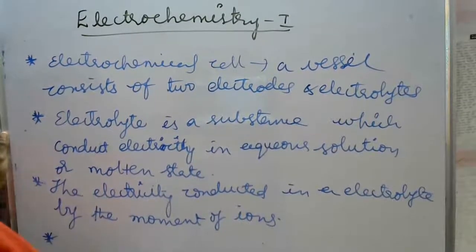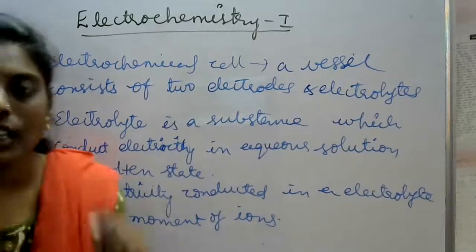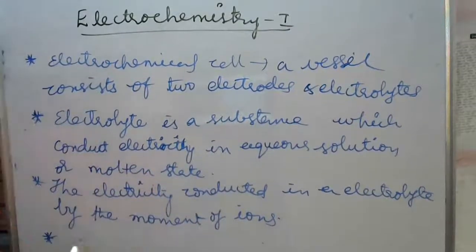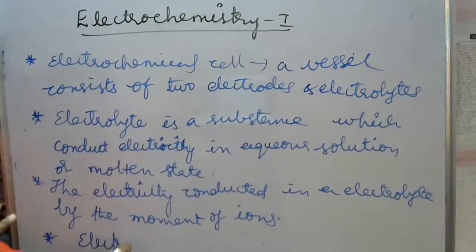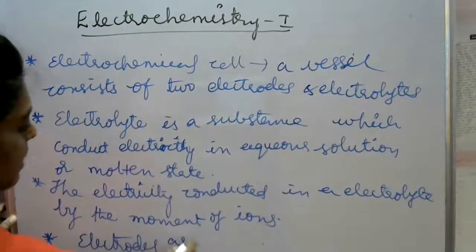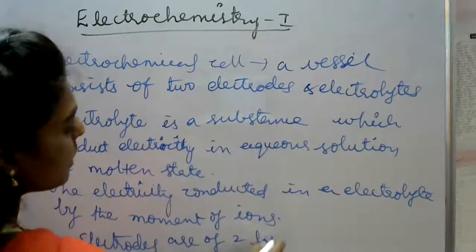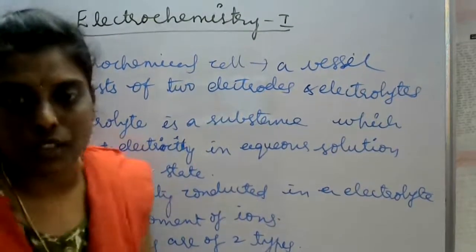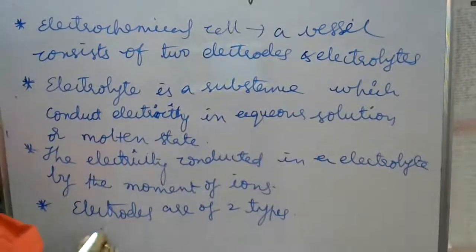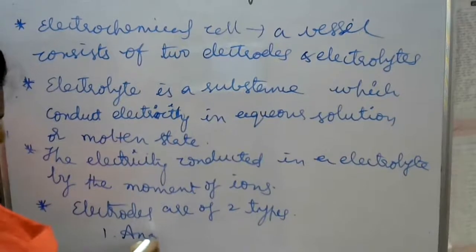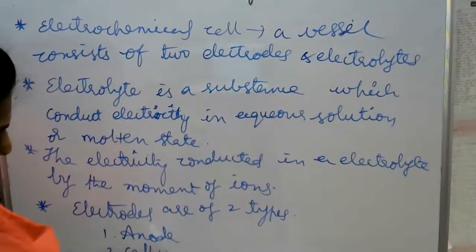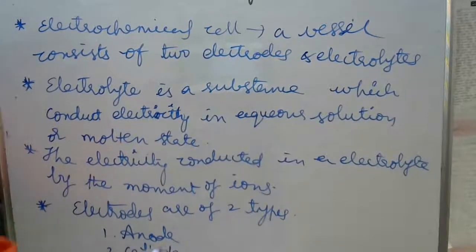Next, coming to electrodes. Electrodes are of two types: anode and cathode. One is the anode and another one is the cathode.